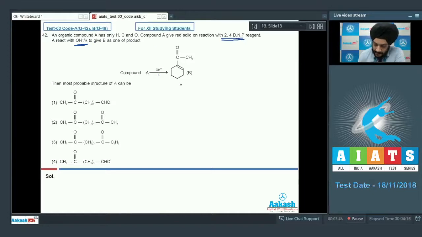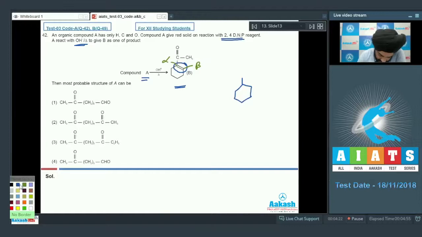So we have been given B and we have to reverse engineer the mechanism and figure out the compound A. So students, we know that during aldol condensation, in the last step, after the formation of aldol, we have elimination. So a beta hydroxy aldehyde or ketone undergoes dehydration to form an alpha beta unsaturated carbonyl compound. So we have the alpha beta unsaturated compound over here. So this must be the alpha position, this must be the beta position.